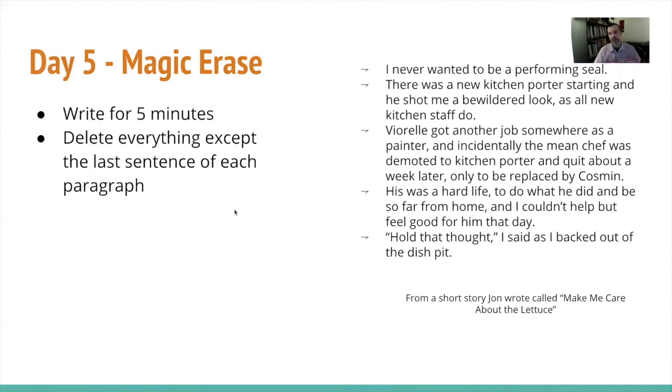So it's essentially an experiment in text. This is an example from a short story that I wrote, where I simply removed all the rest of the material from the paragraphs for the first 5 paragraphs of the text.